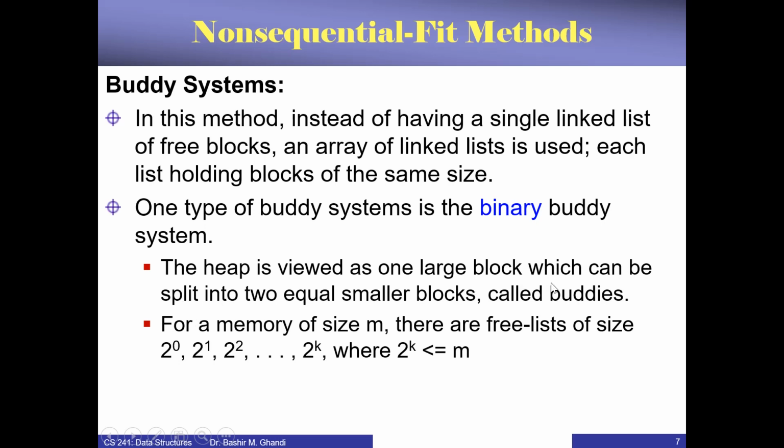We have another linked list that will contain 2 bytes and then 4 bytes, 8 bytes, 16 bytes, and so on, 2 to the power k. So we can only keep track of memory in powers of 2. This is why this particular buddy system is called the binary buddy system. We will have all powers of 2 as long as 2 to the power k is less than or equal to M.